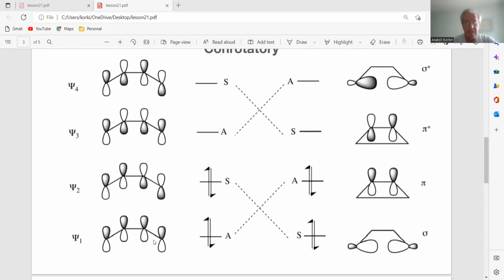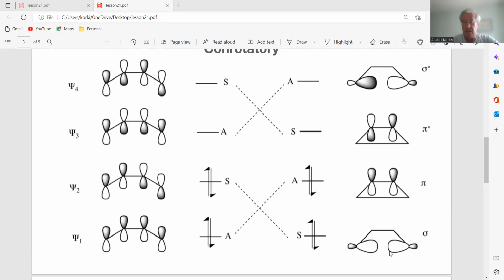When we rotate this molecule around the twofold axis, the lowest occupied pi orbital is anti-symmetric to this rotation. You can see if we just flip this side, the sign of the pi orbital will change. This one, which in this case is anti-bonding in the center, would become symmetric to the rotation, and so forth.